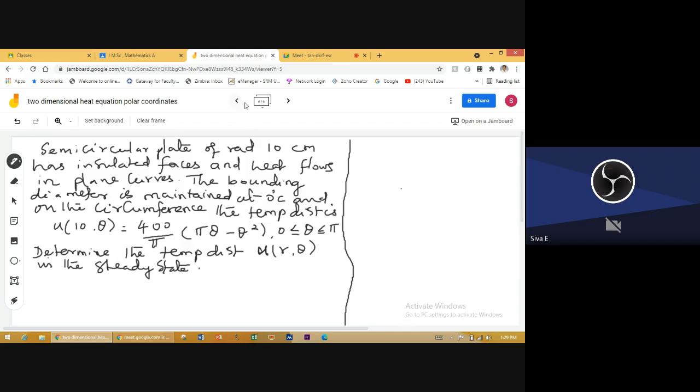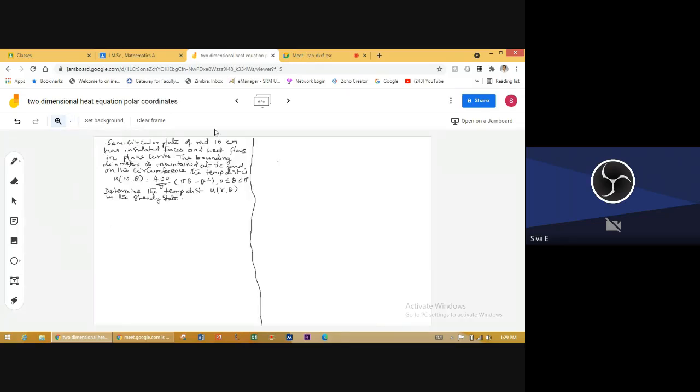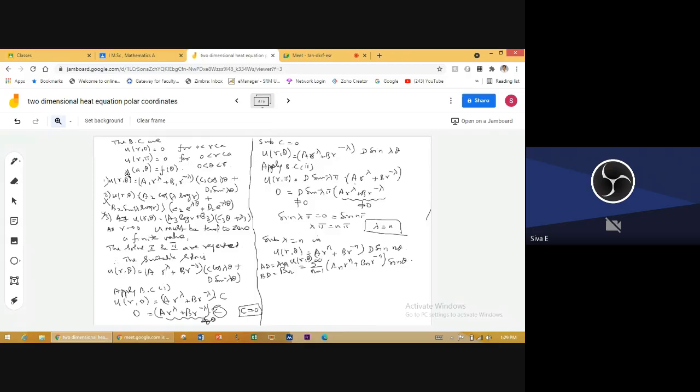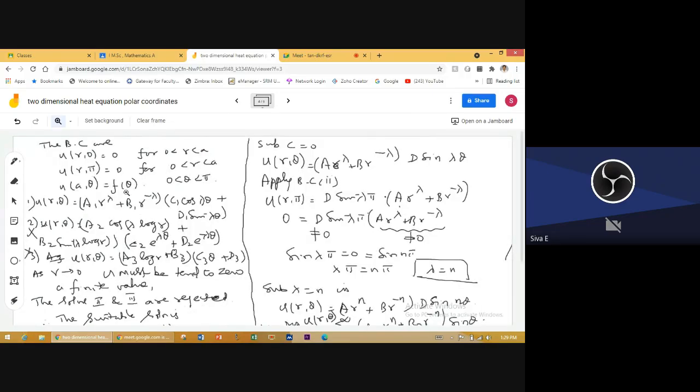So you can see the above example. What is f of theta here? u of a comma theta is f of theta, is it not? Then put the f of theta. So what are the boundary conditions? The same boundary conditions we can write.